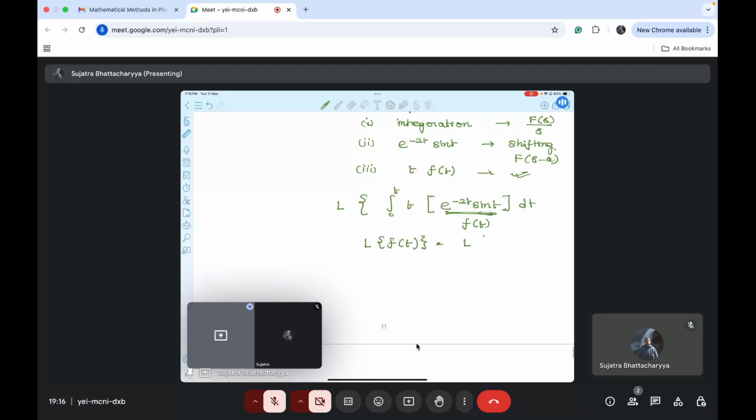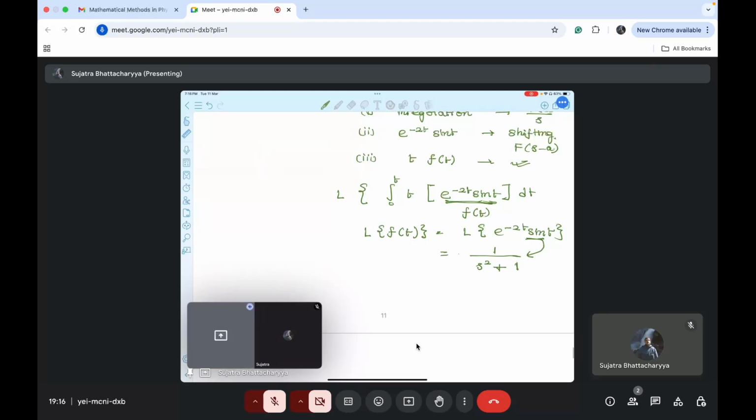So the Laplace transform of e^(-2t) sin t. How can we write this? The Laplace transform of sin t we know, which is 1 upon s^2 plus 1. Alright. This is for the sin t. But the Laplace transform of e^(-2t) sin t will follow by applying the shifting property.